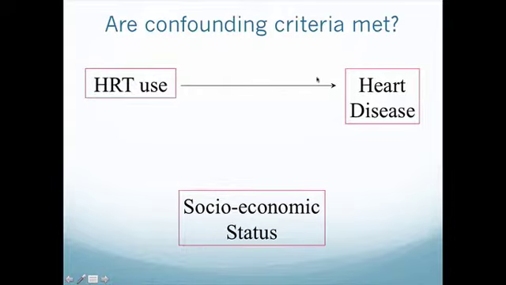And if those are the situations, then we start to think, oh gosh, I might have confounding by socioeconomic status, right? Our third criterion is that your confounder is not on the causal pathway. And we don't believe that hormone replacement therapy use leads to your socioeconomic status, which then leads to heart disease.